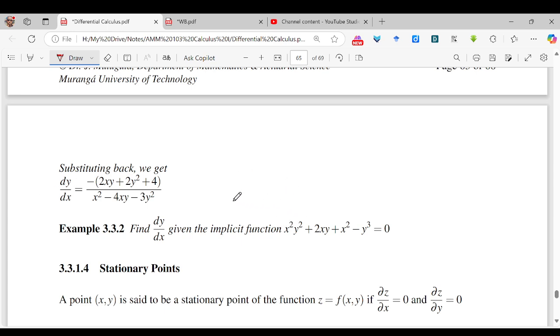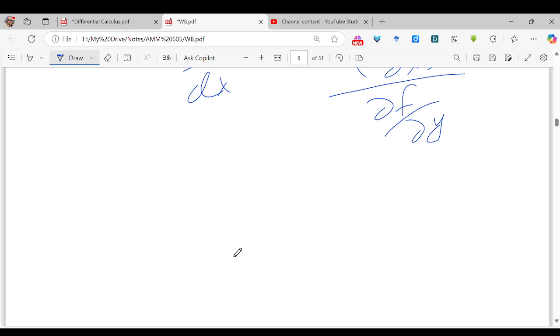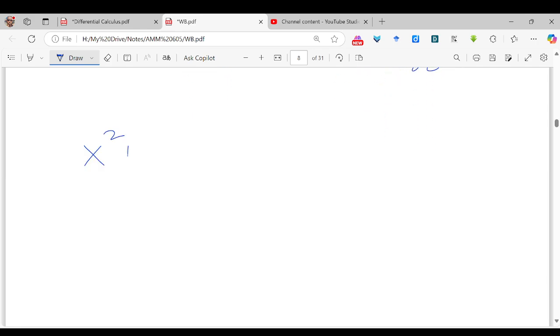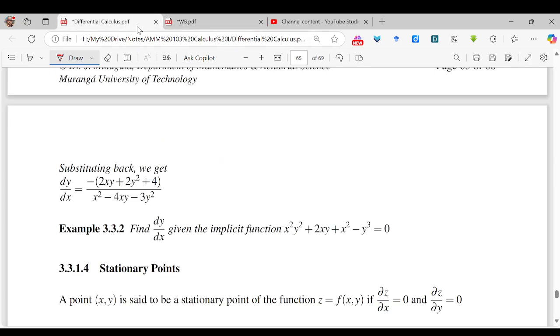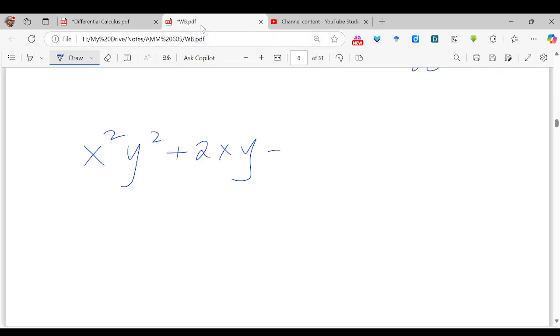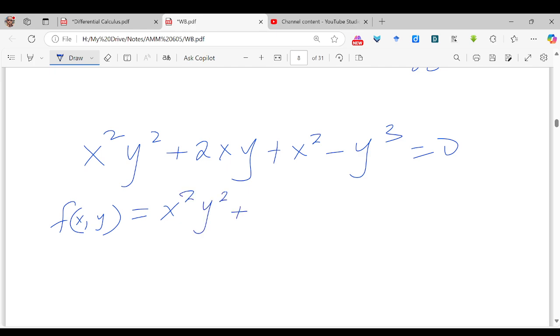We have a second example: x squared y squared plus 2xy plus x squared minus y cubed is equal to 0. So our function f of x, y is equal to x squared y squared plus 2xy plus x squared minus y cubed.